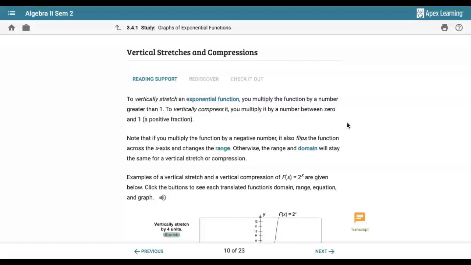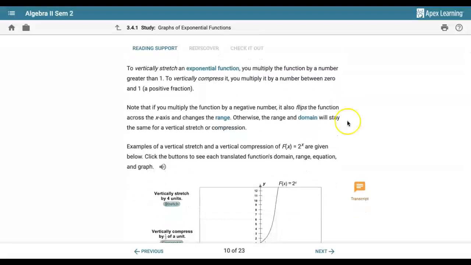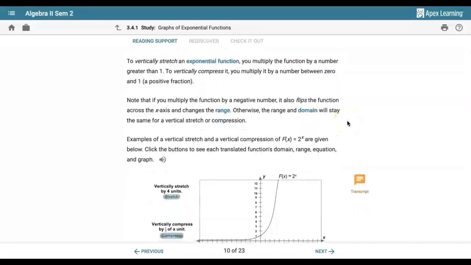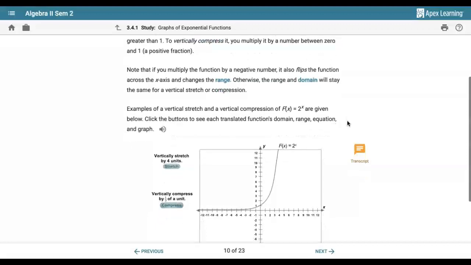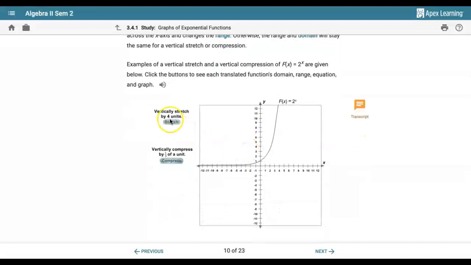Okay, now that we've talked about moving left, right, up, down, we're going to talk about stretching and compressing. So again, to vertically stretch something, we're going to multiply by a number greater than 1. To compress it, we're going to multiply by a number between 0 and 1. So if we look at our original function of 2 to the x, we vertically stretched it, so we pulled it away from our x-axis by 4 units.